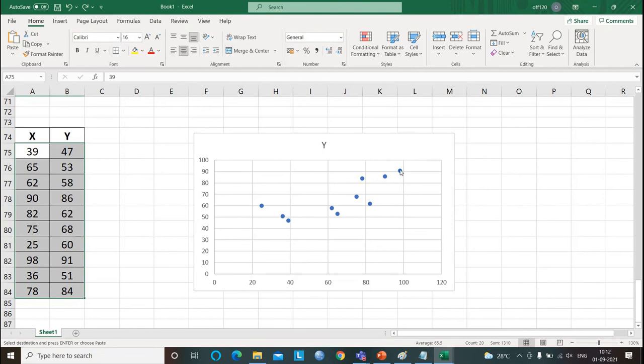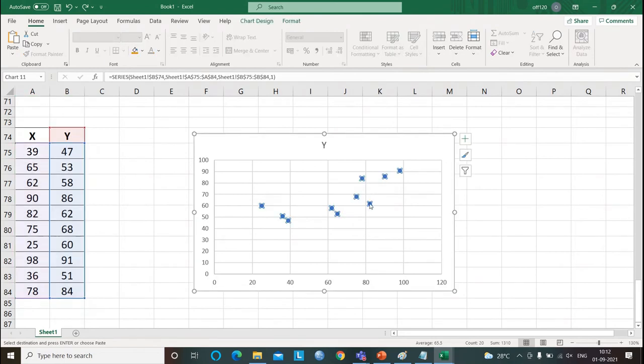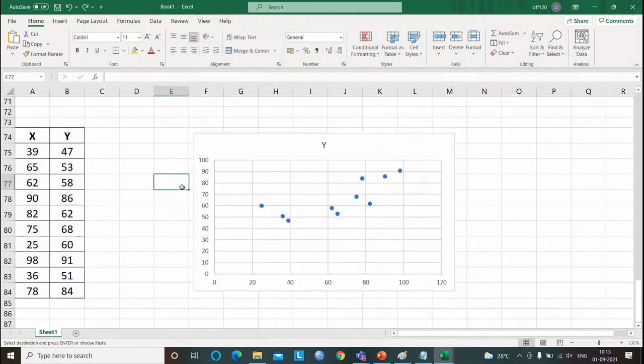It goes up, comes down, and goes in the upward direction, down and to the upward direction. But finally, our graph is going towards the upward direction. So we say that X and Y are positively correlated.